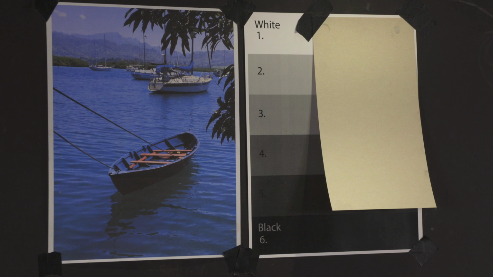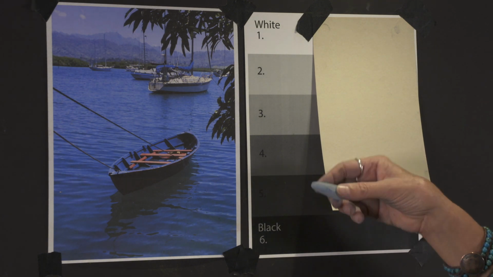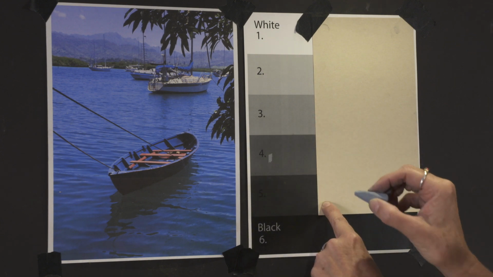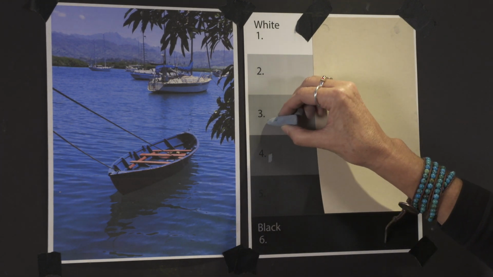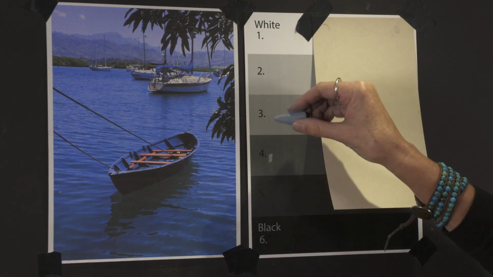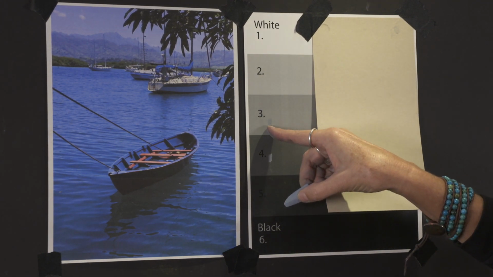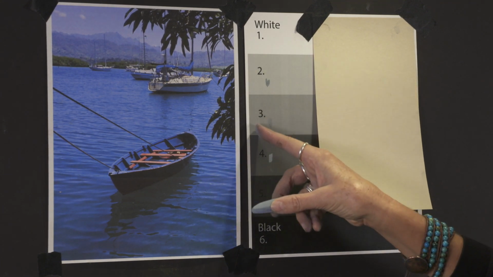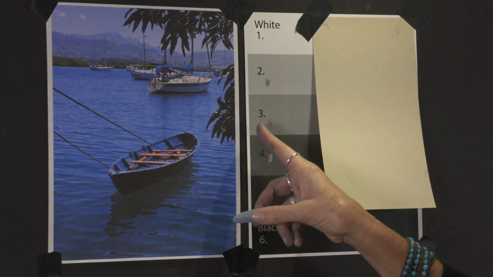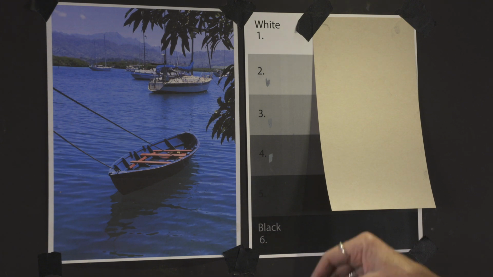So what I can do is I can actually come along, and here I've got my choices here, and I can see where this one is a little bit too light in value. See how it really pops out here? And here it kind of dives in, and here it pops out. So this one is actually more in this value range. So let me try another one of these.